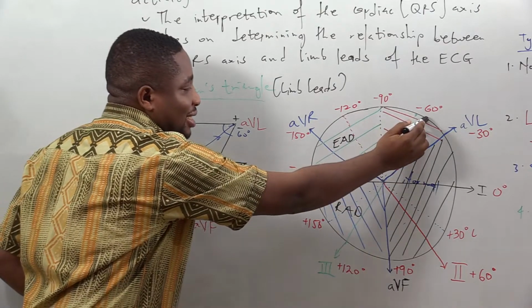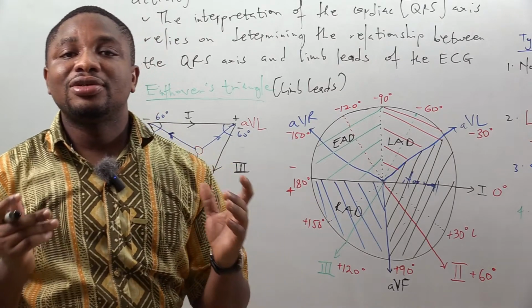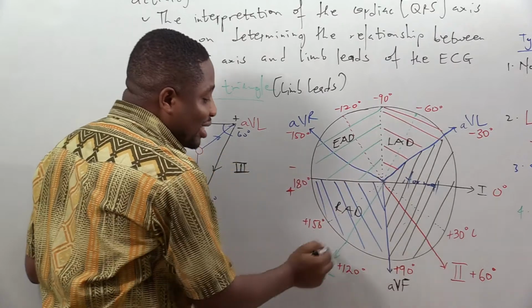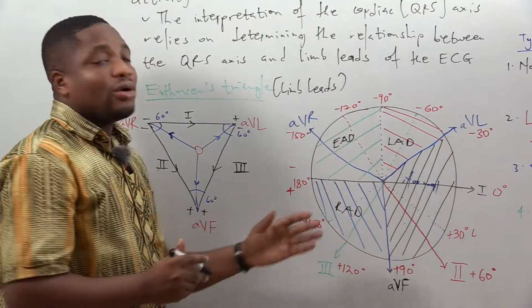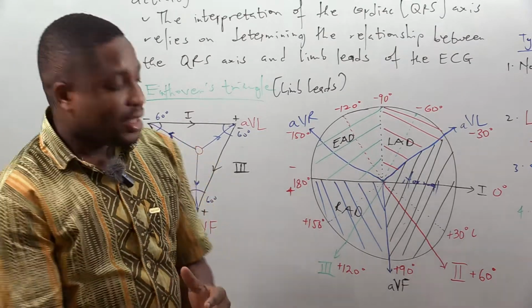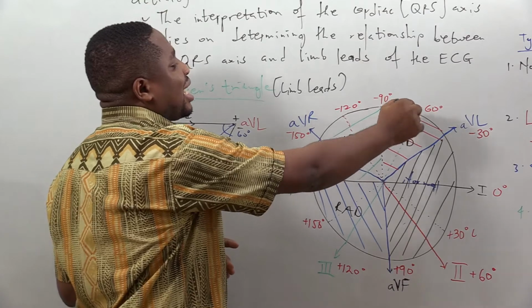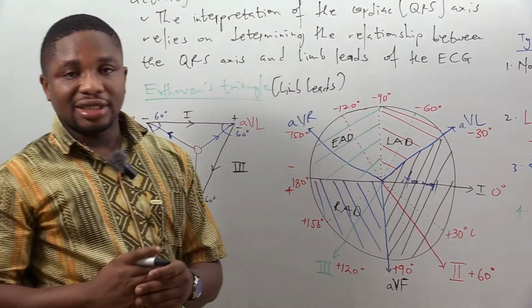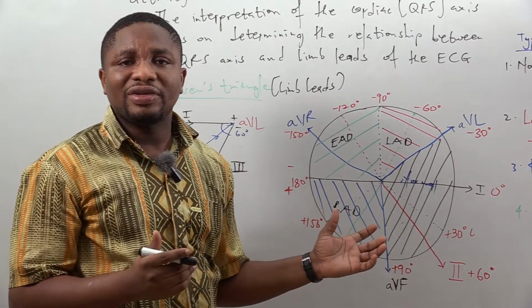If here is 60, and we know that the sum of the angles on a straight line is equal to 180 degrees, if one side is 60 degrees, then the other side should be what? 120 degrees. And in this case, because it's pointing towards the ground, it will be positive 120. And because this one is away from the ground, it is going to be negative 60. I believe you are making some good sense out of that.